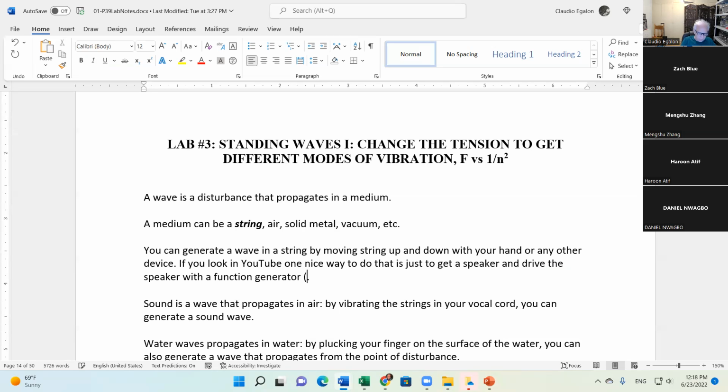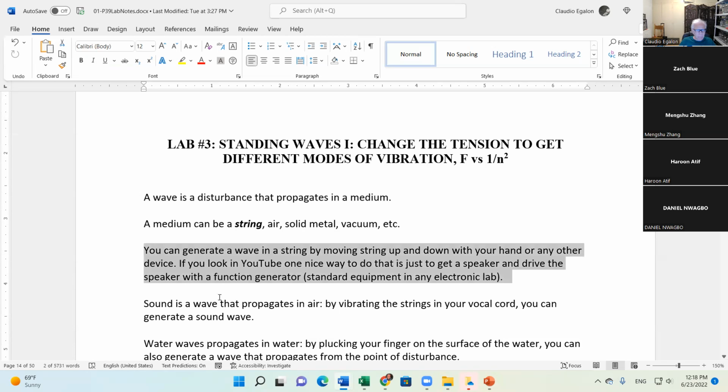The function generator is standard equipment in any electronic lab. We have a bunch of those devices there at LA Harbor. So that's one way to do that.